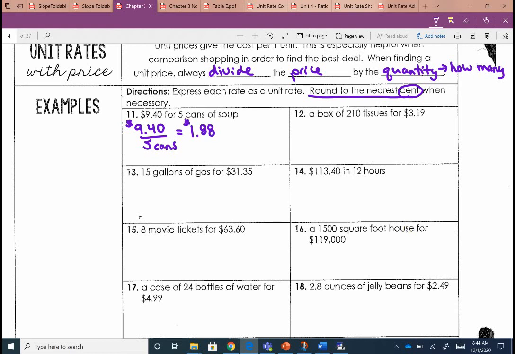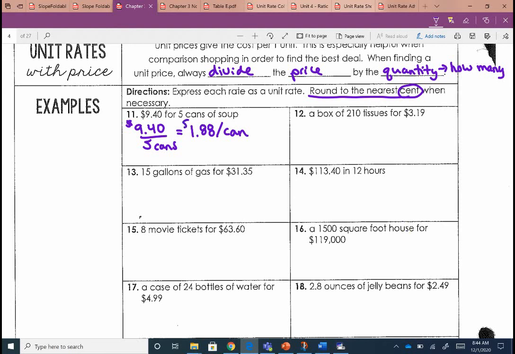Let me fix my dollar sign there. It's $1.88 per can.